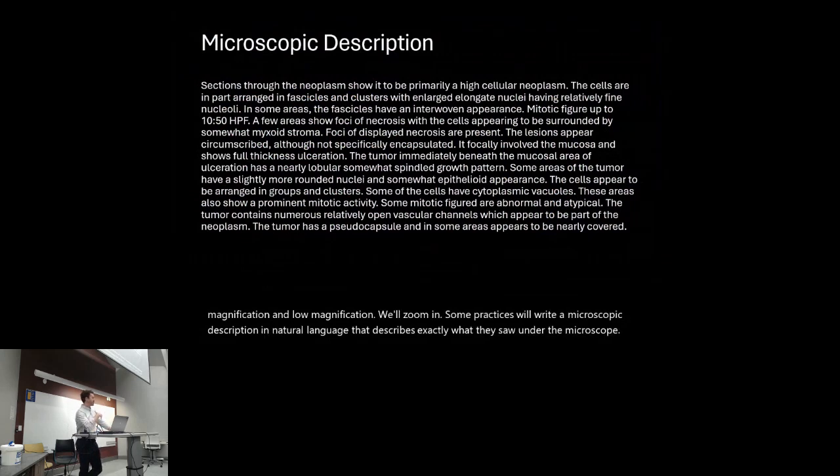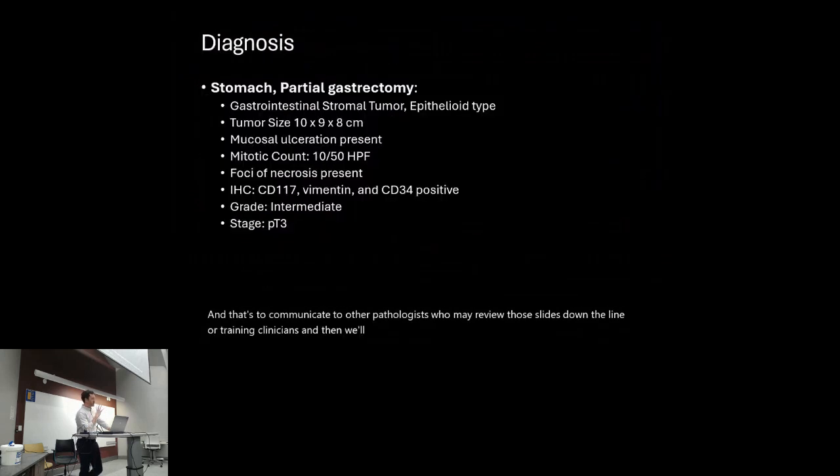That's to communicate to other pathologists who may review those slides down the line, or treating clinicians. And then we'll give maybe some more structured text for a final diagnosis and say, this was a partial gastrectomy from a patient, and we're looking at a gastrointestinal stromal tumor that happens to be epithelial type, and then maybe give some quantified features, et cetera.